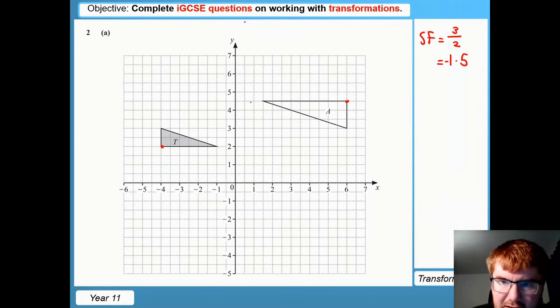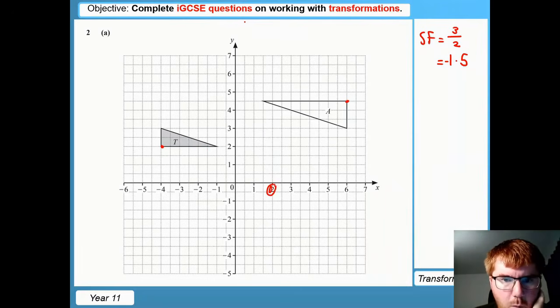So if we do that, we are going from minus 4 to 10, and then we are going from 2 to 4.5. So we want to try and draw this with a ruler as accurate as possible. I don't have a ruler in this case, so what I will do to make my life a bit easier is actually mark in the midpoint. So the midpoint between them. So we know it's going to be at 2.